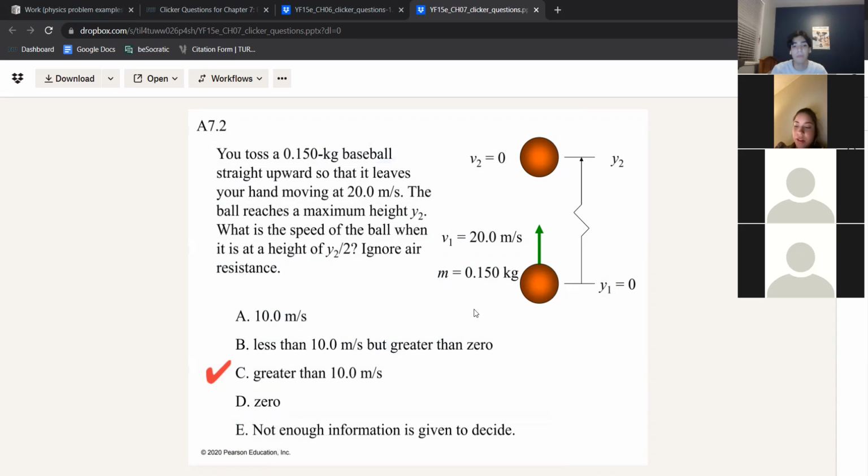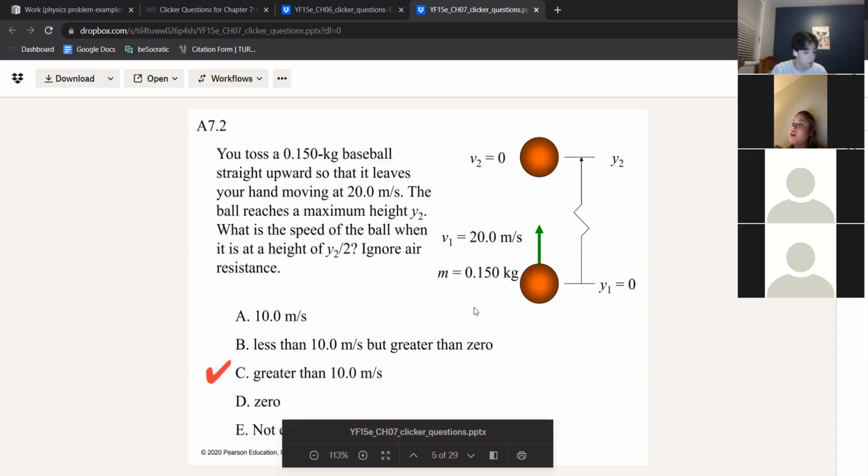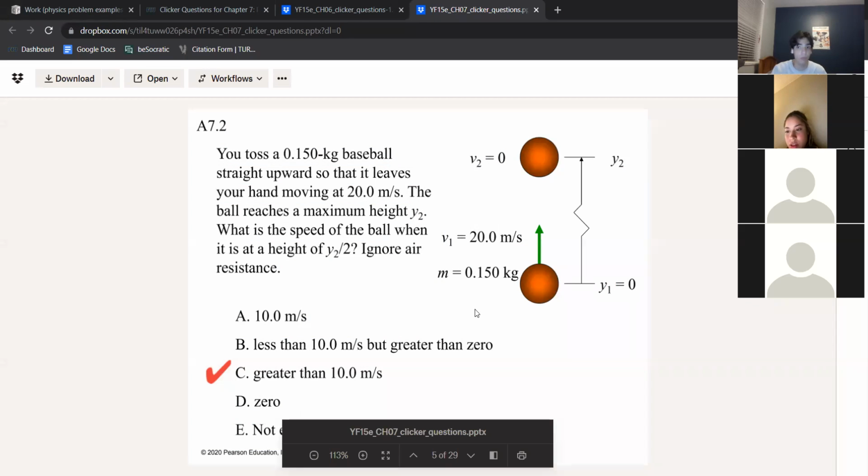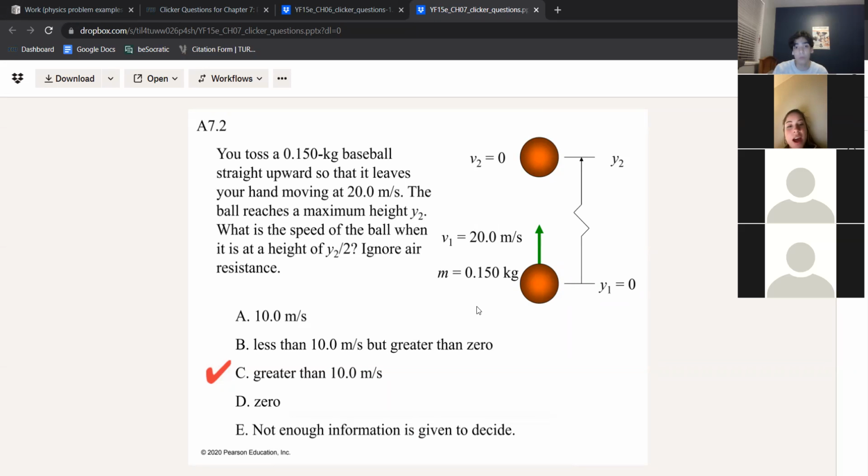Yeah, I agree. Because if we look at the formula for speed, it would be speed equals distance over time. So it's not dependent on mass at all.